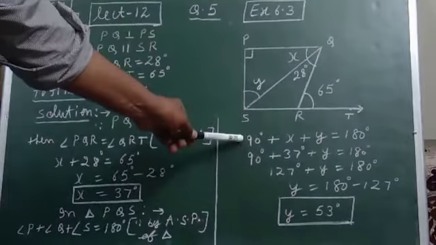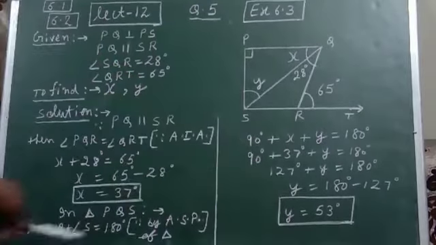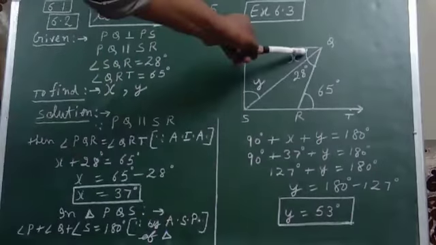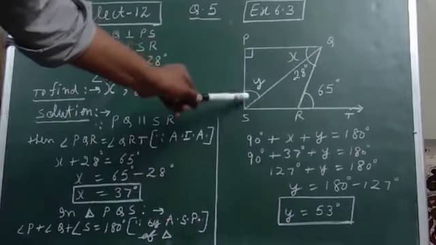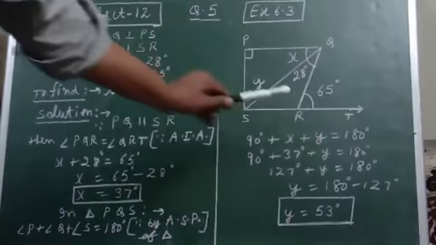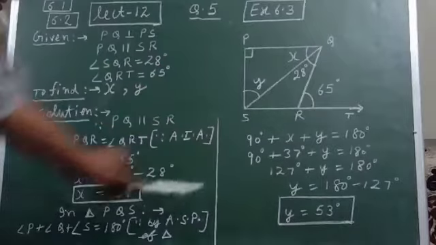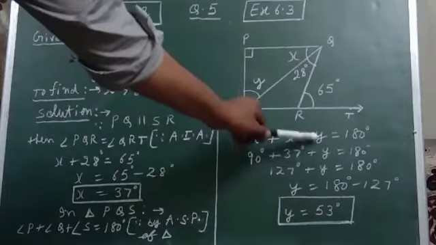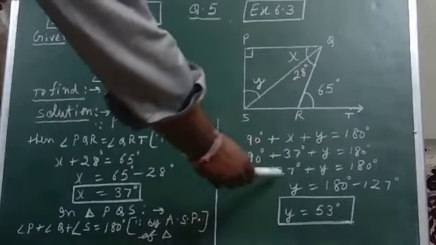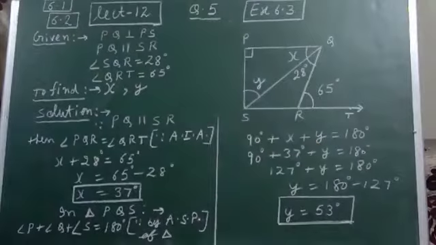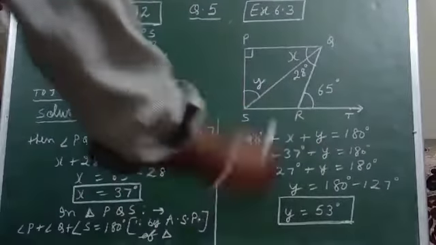So in place of P we will write 90. Then Q means only this angle which is inside this triangle PQS. So this is X and this angle S is Y. So 90 as it is, in place of X we will write 37, Y as it is, 180 as it is. Now we will add these two. So 127 plus Y equal to 180. This 127 will become minus. So value of Y is 54.